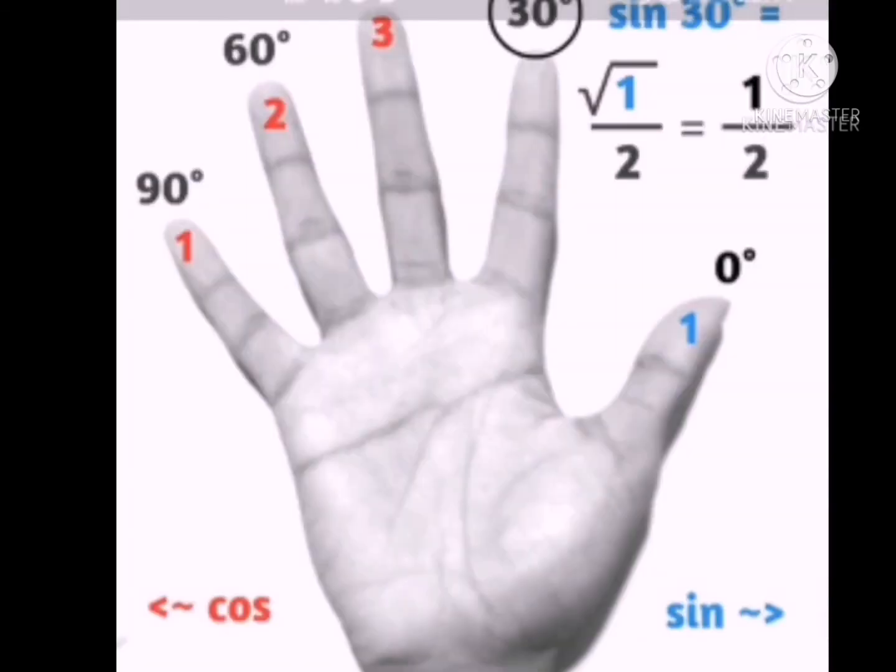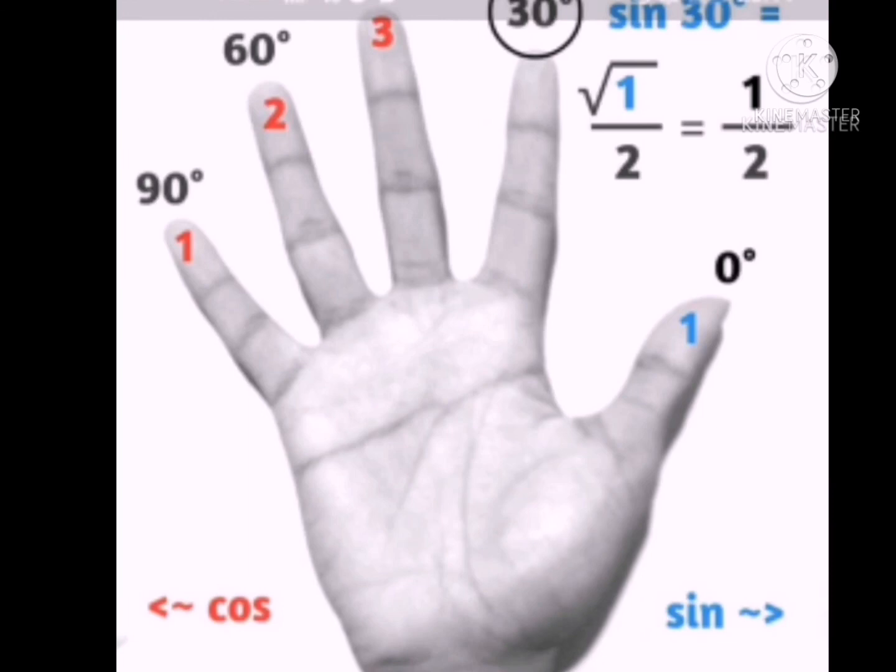So, sine yung hinahanap natin. And, so, ito yung 30 degree natin. Sabi kanina, sa sine, number fingers right. So, yung matitirang fingers sa right, which is 1. Then, nalagay lang natin square root 1 over 2 is equals to 1 over 2 or 1/2.